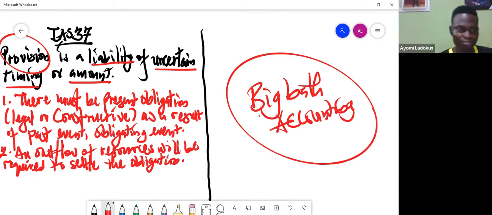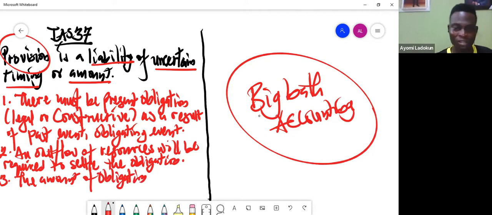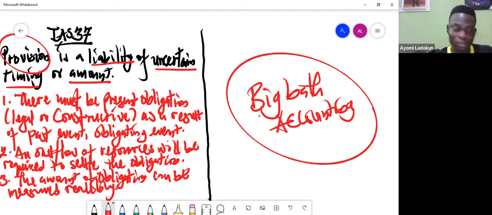That's what it's saying, right? Then number 3, the amount or the cost of the obligation can be measured reliably, or with reliability. Okay, so that's it. All three conditions must be met at the reporting date before you can recognize provision.